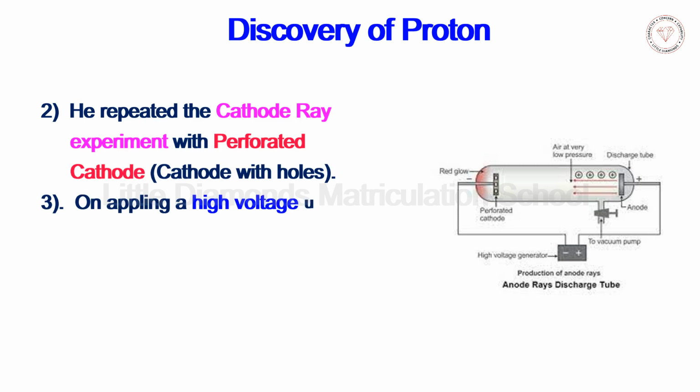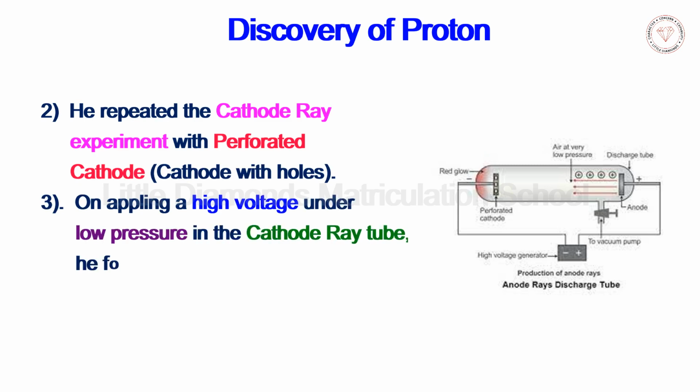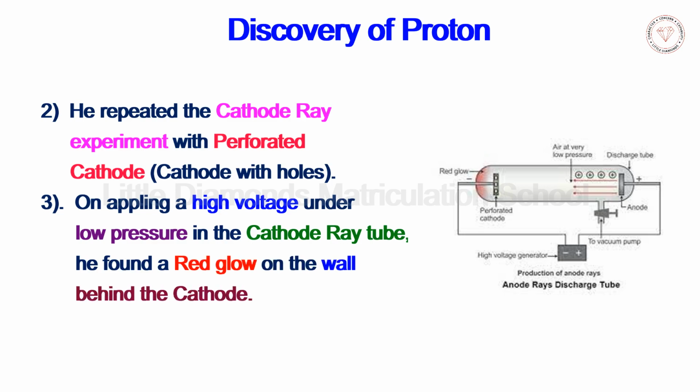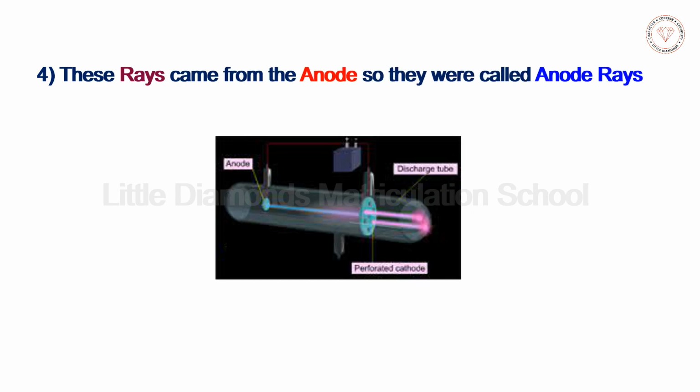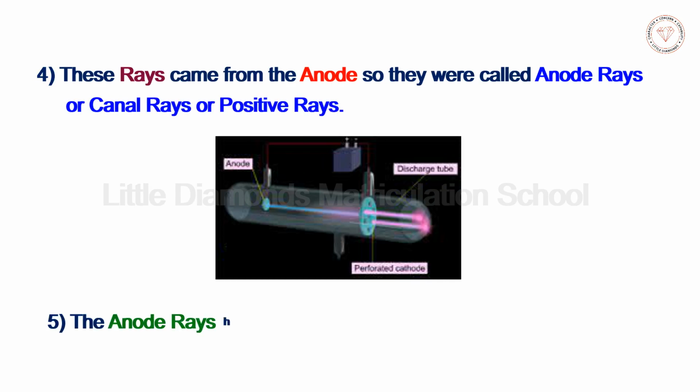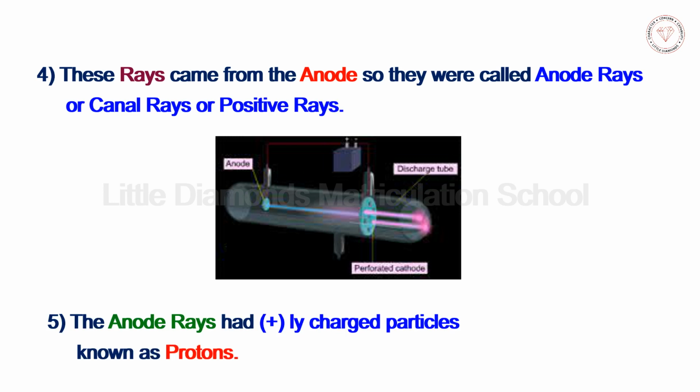On applying a high voltage under low pressure in the cathode ray tube, he found a red glow on the wall behind the cathode. These rays came from the anode, so they were called anode rays or canal rays or positive rays. The anode rays had positively charged particles and they were known as protons.